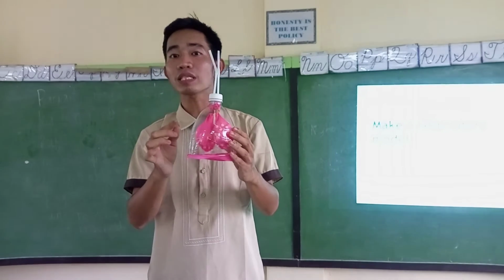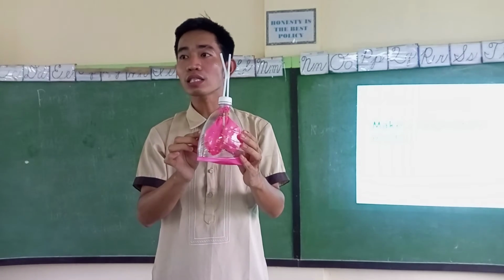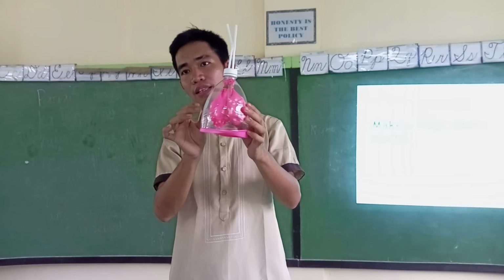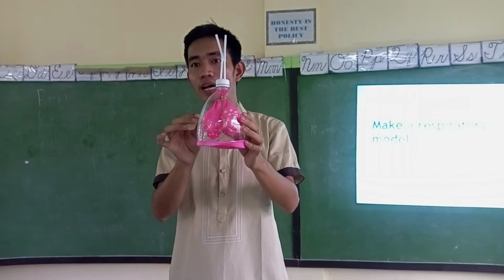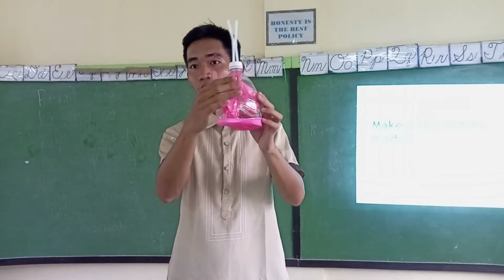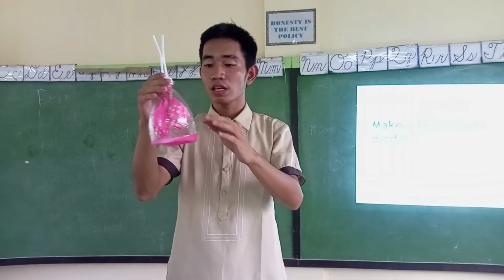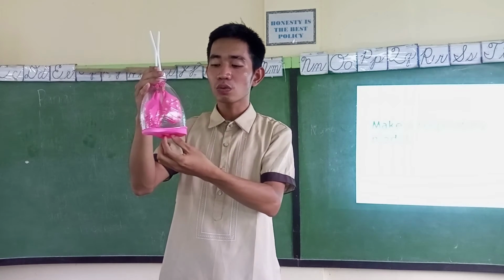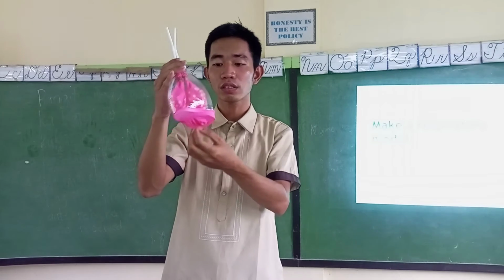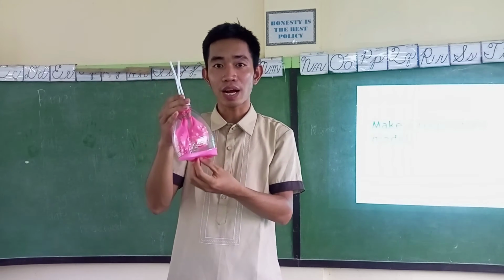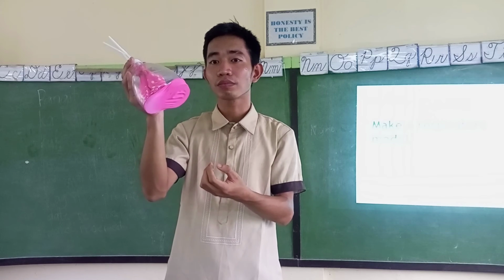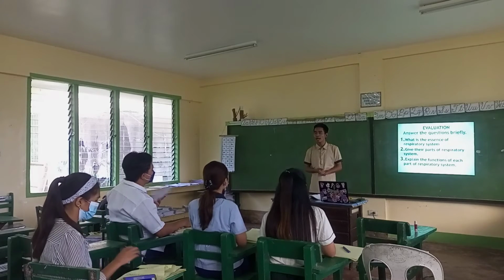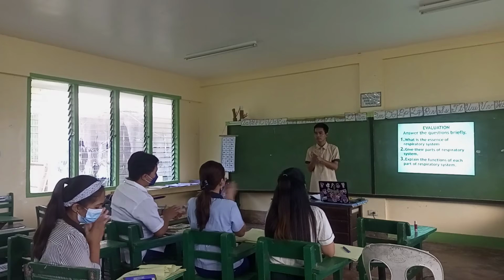The two balloons represent your lungs, and the dots inside the body, which is the bottle, are your alveoli. And of course, the major muscle is the diaphragm. Class, do you understand? Yes, sir. Very good. Let's clap our hands for Joshua and for ourselves too.